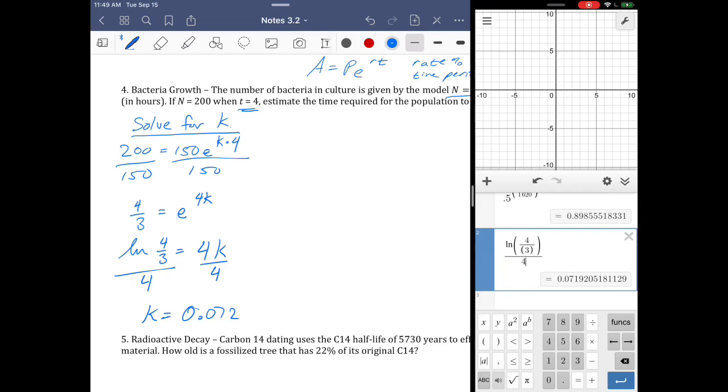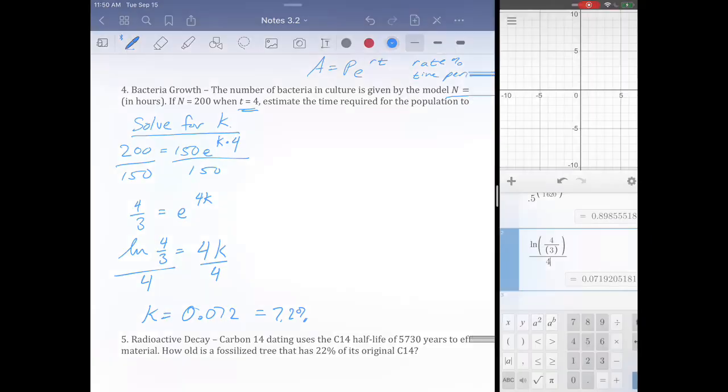So what that means is that the growth rate is about 7.2%. And we'll use that in the next phase of this problem.